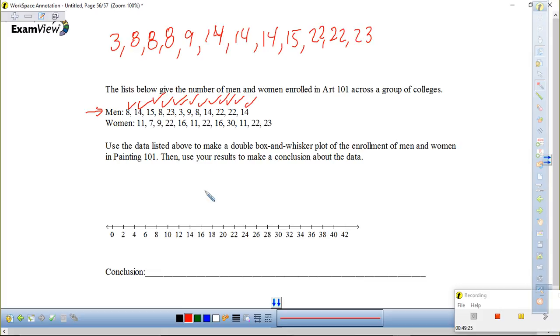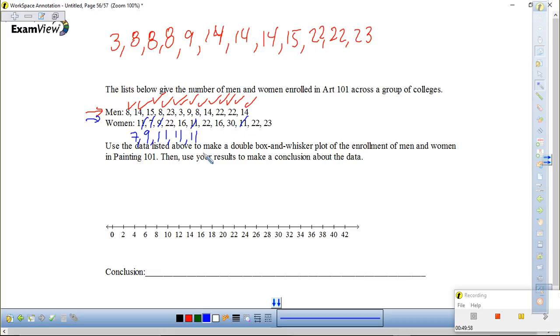All right. Let's do the women in blue. What's the least? 7. I'm going to do that right underneath here. 7, comma, 9, 11 twice. Okay, 1, 2, 3.